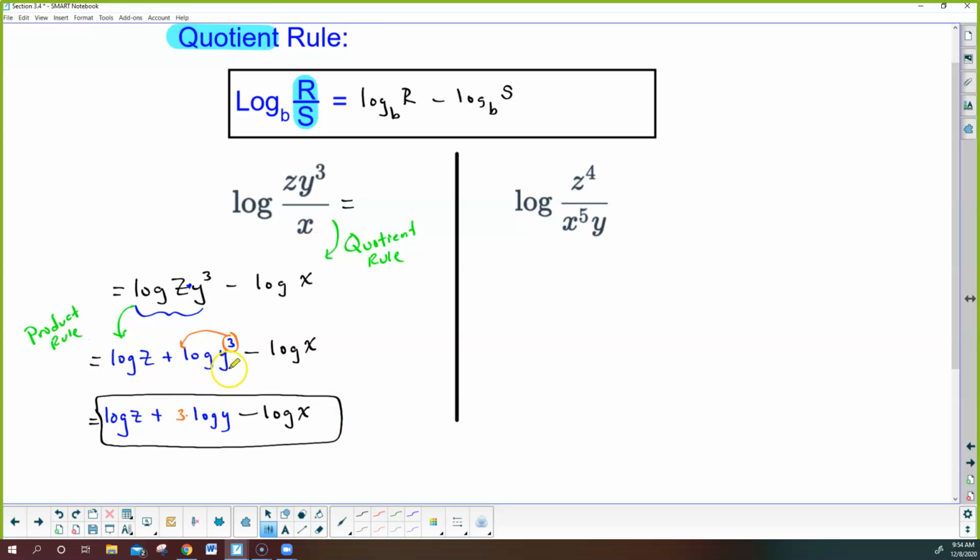And then the last step, this 3, was the power rule. So hopefully you can see all 3 rules being applied at different times, but all within the same problem. So I want you to go ahead and try this second one here. See if you can deal with that. My hint for you is do the quotient first. Deal with the fraction first and then break it down.